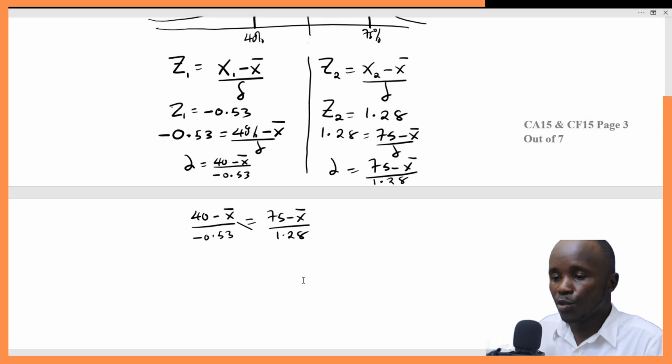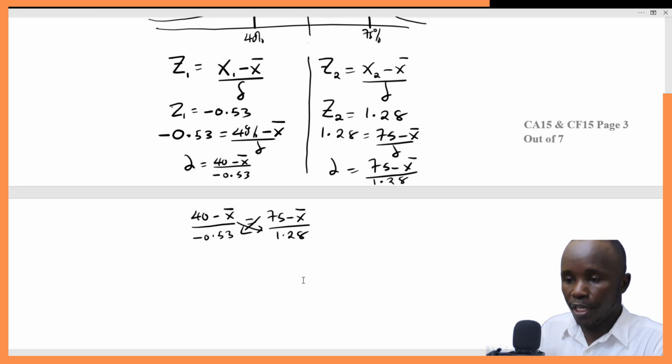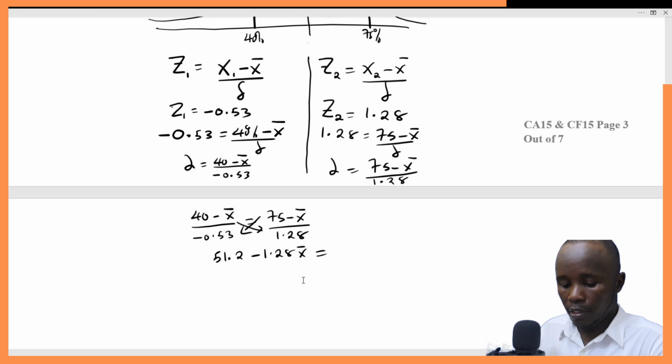This is high school math now, cross multiplication. I have 1.28 times 40. Let me go back to my calculator here. 1.28 times 40 is going to give me 51.2 minus 1.28 mean is equal to 75 times negative 0.53, which is negative 39.75 plus 0.53 mean.